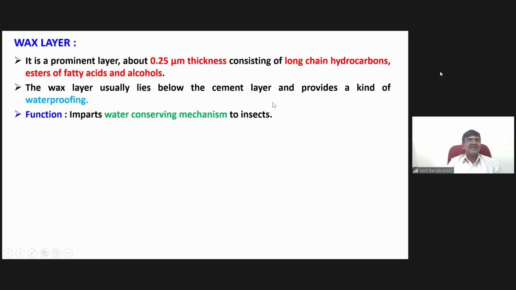The wax layer usually lies below the cement layer, and it provides a kind of waterproofing. That means it imparts water conserving mechanisms in insects.